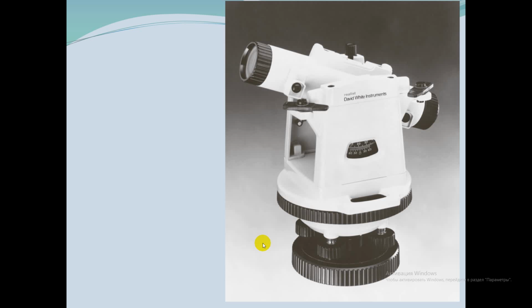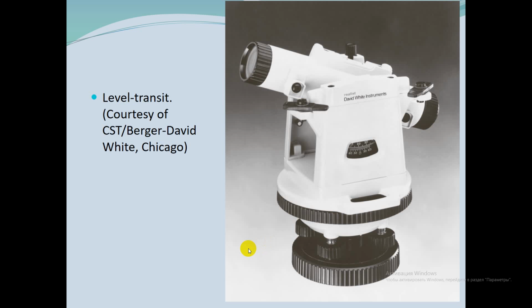This is a combination of theodolite and level that can be found on many small construction sites. This theodolite level is not as precise as many of the instruments previously introduced in this text.